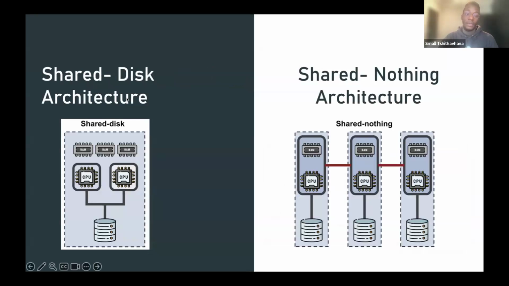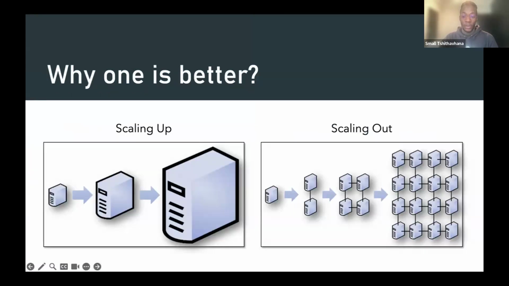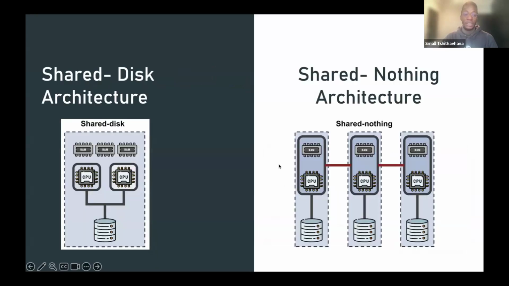There are two architectures when it comes to this type of computation. The first one is the shared disk architecture, and the second one is the shared nothing architecture. With shared disk, we have two computers or nodes sharing the same disk memory.